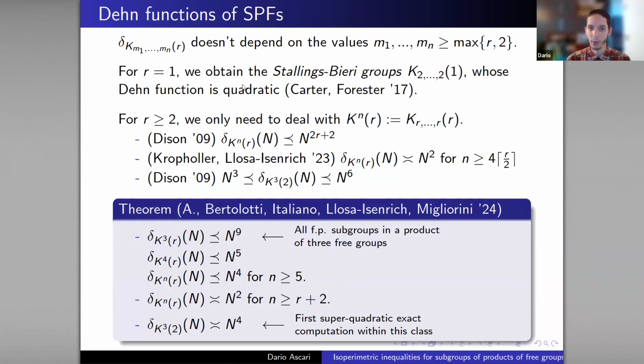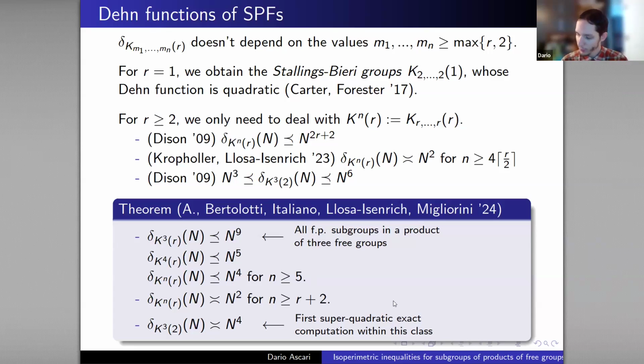Other groups were known to be quadratic, like these ones, Stallings-Bieri or these other ones. But n to the 4 is harder to prove, because for n squared, the lower bound comes for free, since you just check that the group is not hyperbolic. But for n to the 4, you actually have to find a way to produce the lower bound.